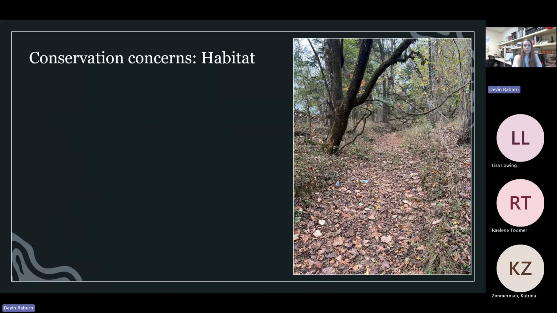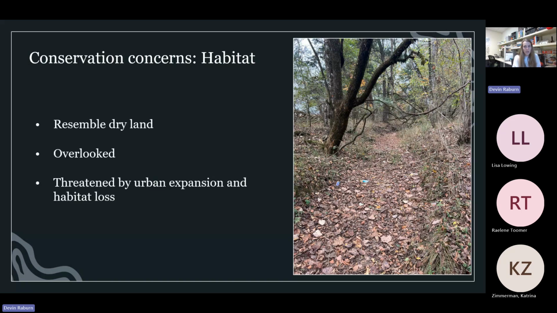And so overall, we talked about the diversity of crayfishes, their imperilment, and the ecology of rivulet crayfishes overall, but why are we focused on rivulet crayfishes? Well, we have some conservation concerns here. Overall, the temporary nature of the non-perennial streams that rivulet crayfishes inhabit often makes them resemble dry land rather than flowing waterways.